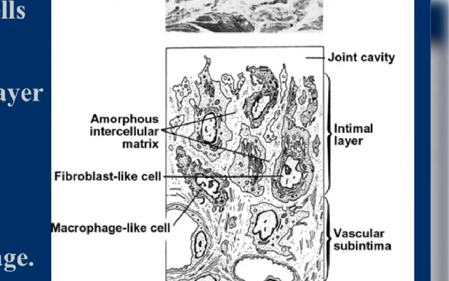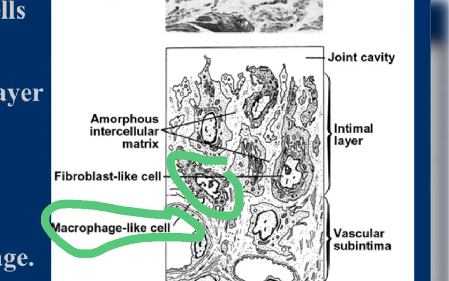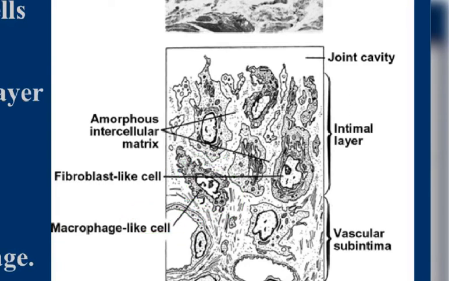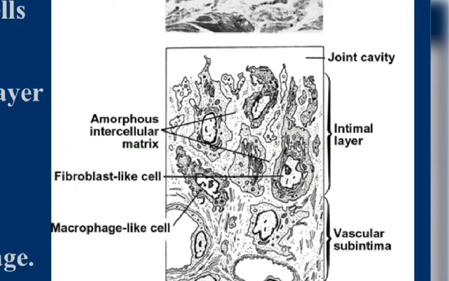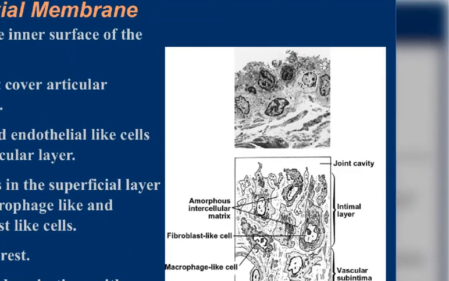And you see here some cells are macrophage-like cells, like this cell here, and some cells are fibroblast-like cells. They secrete the synovial fluid to the free surface here, which is the joint cavity in this case.